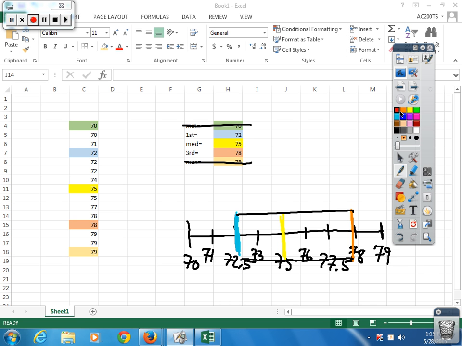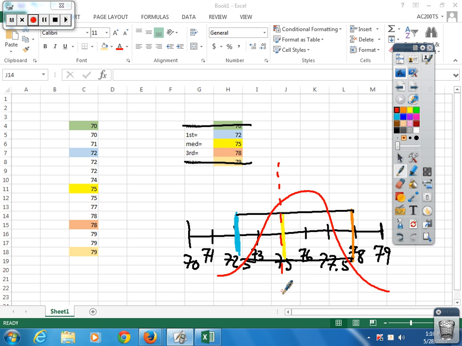So maybe it looks something like that. Just a little bit skewed left. But you could argue that it's real close to the normal distribution because the median and the middle are on the same number.